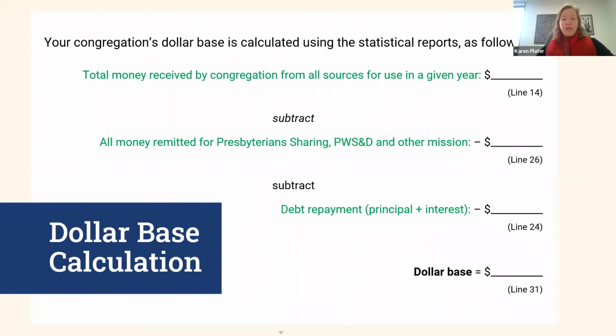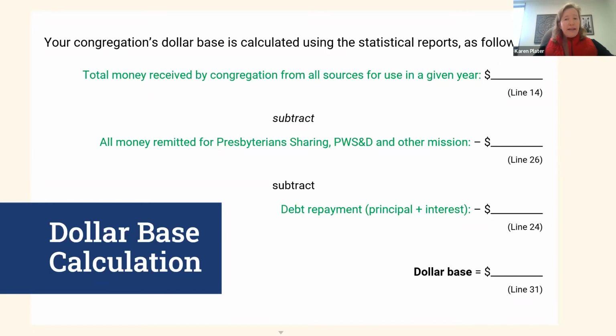First of all, the first line is line 14, the one that is all the revenue that came in to support your mission and ministry purposes for the current year. So this is your big bulk number. Then, in order to get your dollar base, you're going to take away all the money that was remitted for Presbyterian Sharing, PWS&D, and other mission, including refugee sponsorship.